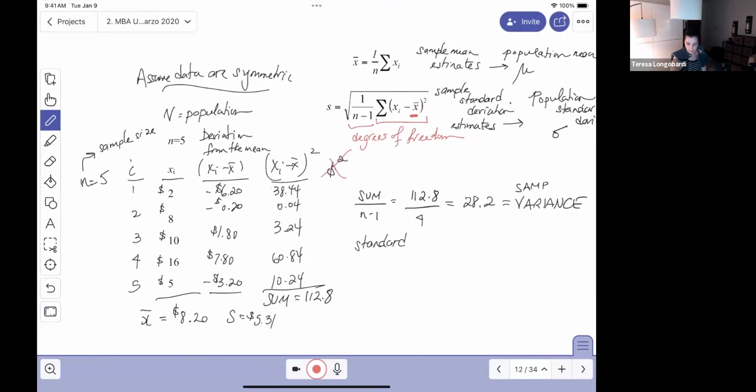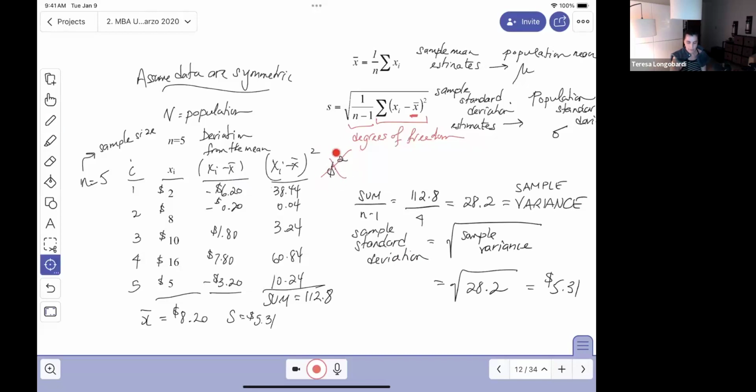It's the sample variance. The sample standard deviation is actually equal to the square root of the sample variance. Why? Because I need to get back to dollars. The only way I'm going to do that is by taking the square root, and my answer now is in dollars. Otherwise, it was left in dollars squared.